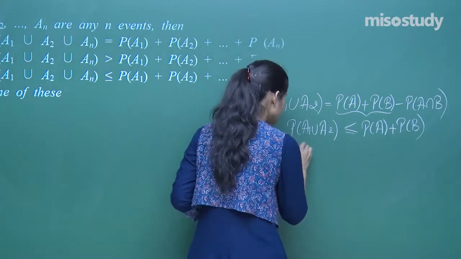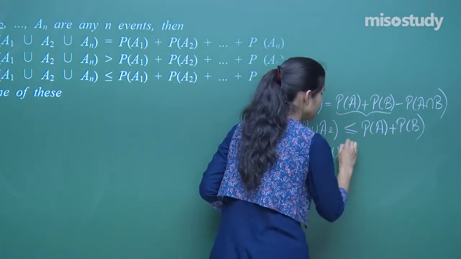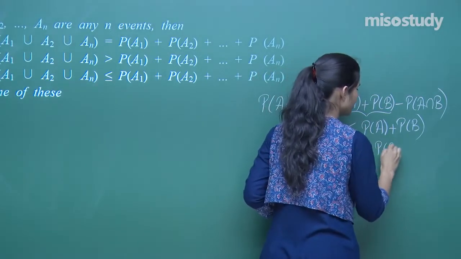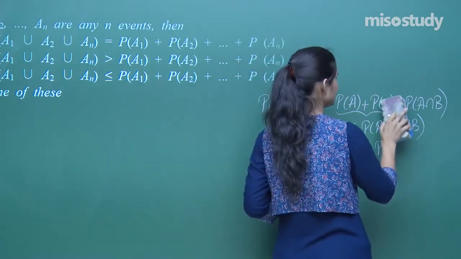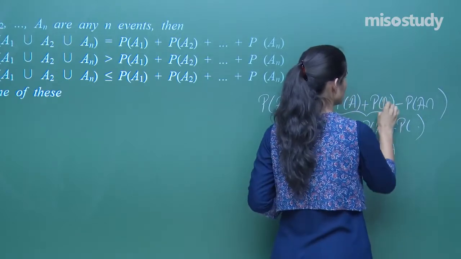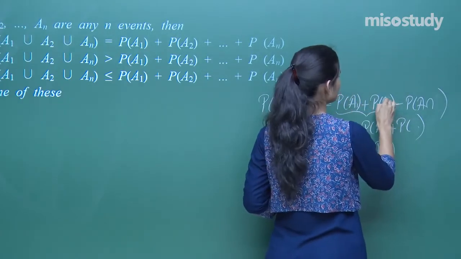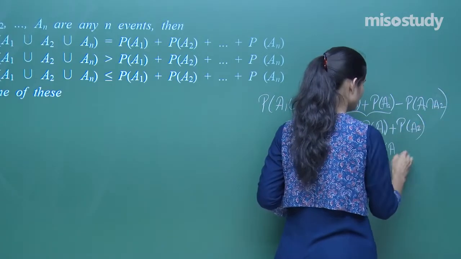If I increase it to 3, again the same scenario holds. This is less than equal to probability of A1, this is A1 and A2, not B. So this is A1, this is A2, this is A1 intersection A2, this is A1, this is A2.